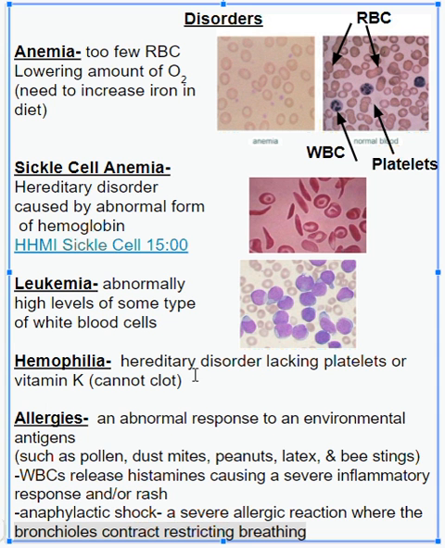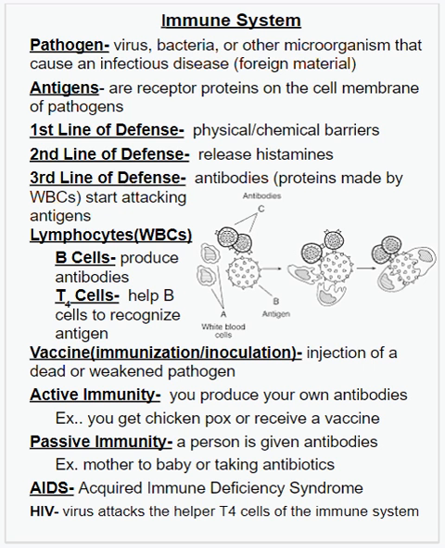All right, there are several reasons why this could happen, but we're specifically talking about the response to a foreign antigen that can cause a response by the white blood cells and the blood vessels to cause swelling and inflammation.